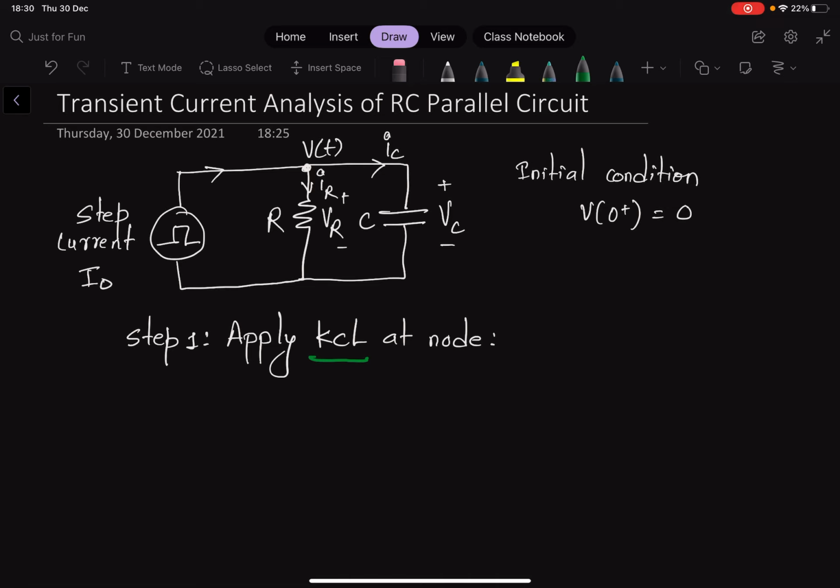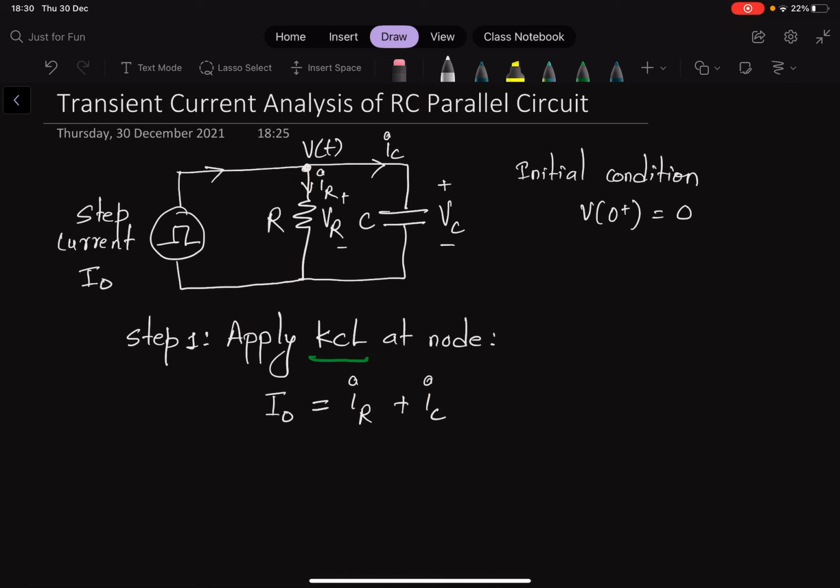If we apply that, we can clearly see that the current going in is I naught, and the current going out is IR plus IC. This is the expression we get at that node.